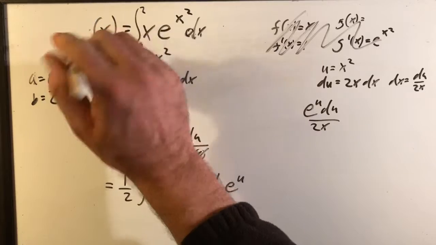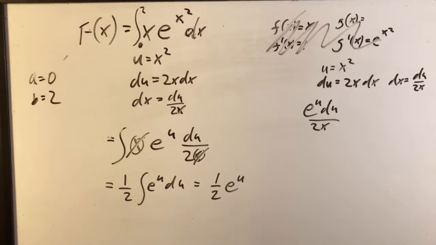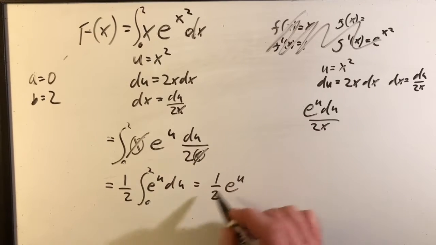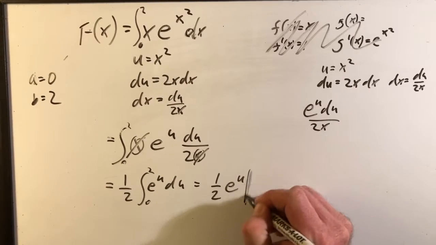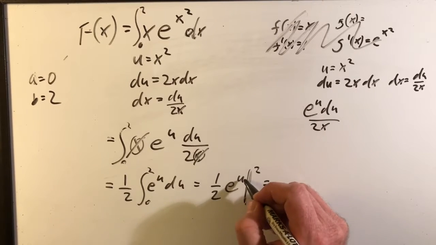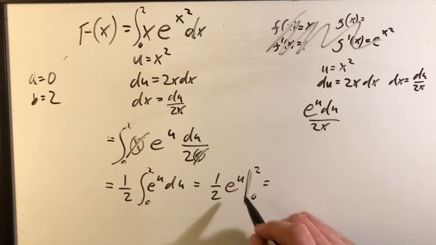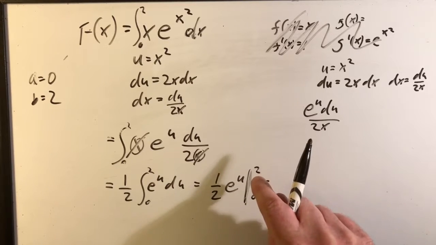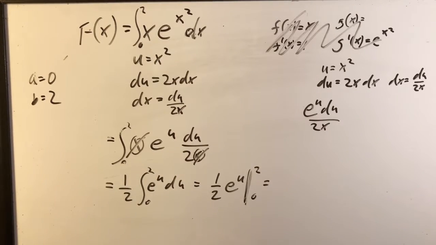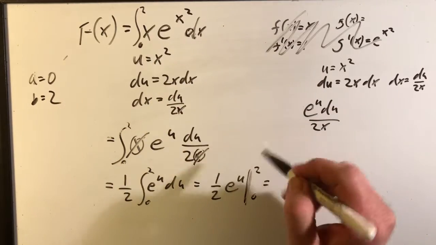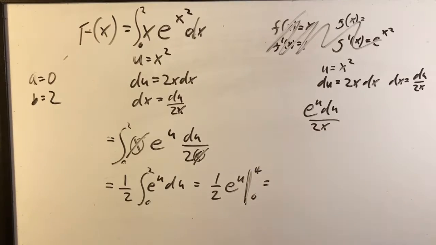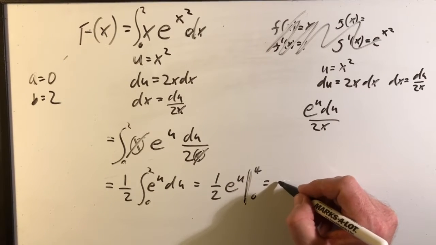I'll just fix my notation here to a capital F. Oh, and then I have to substitute back in my u. So a little off here, because this isn't really a 2 and a 0. I kind of added that in at the last minute. If this is in terms of u, that would actually be a 4. Well, let's go back to x and substitute things back in.